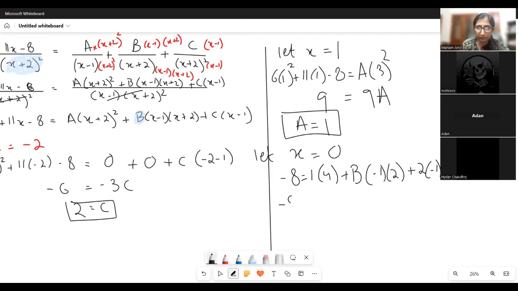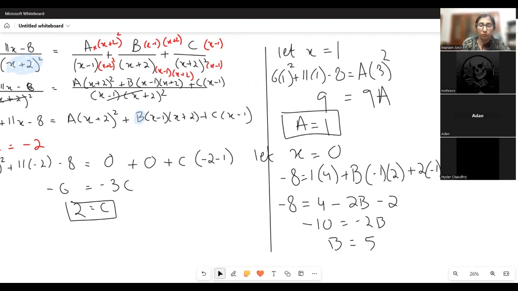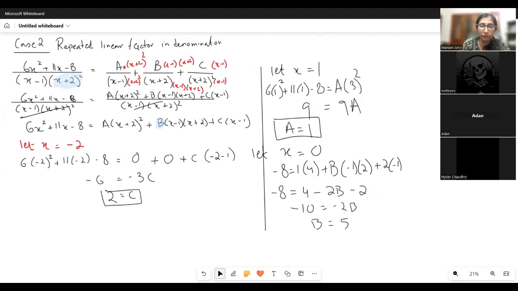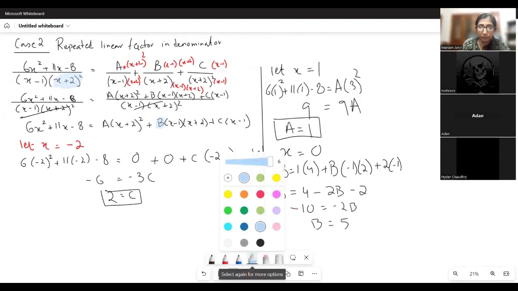Okay, so we're getting minus 8 equals 4 minus 2B minus 2. So we're getting 2 here, and then minus 10 is equal to minus 2B, which is giving me B equals 5, which is correct. So finally, you break that into partial fractions by using the values of A, B, and C that you got.